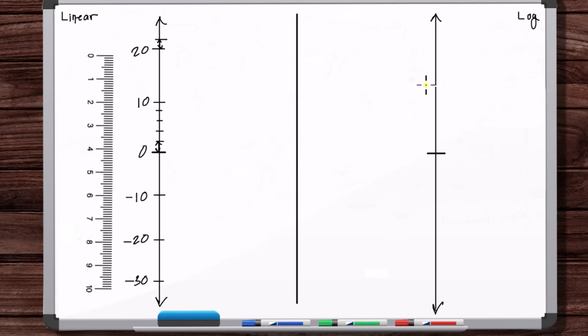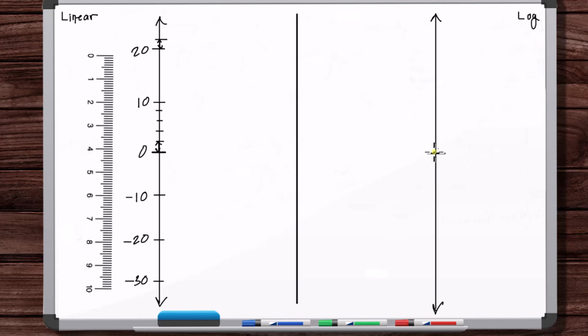Okay, so to start with the logarithmic scale, we draw the major tick marks, and they're going to be equally spaced, just like we did for the linear scale. They don't have to be the same spacing. They can be whatever spacing we want, but they're going to be equally spaced, which is something that people often forget about. The minor tick marks don't have to be evenly spaced, but for both the linear and logarithmic scale, the major tick marks are equally spaced.